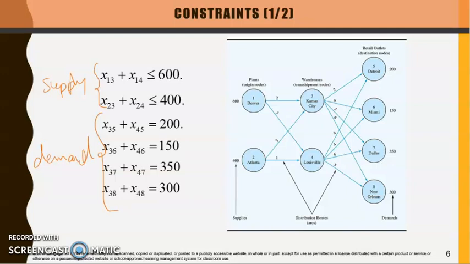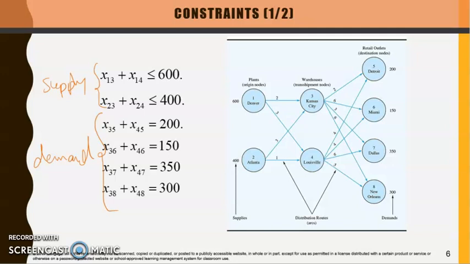Why do we have only 2 supply constraints? Because we have 2 supply points. Why do we have 4 demand constraints? Because we have 4 demand nodes.